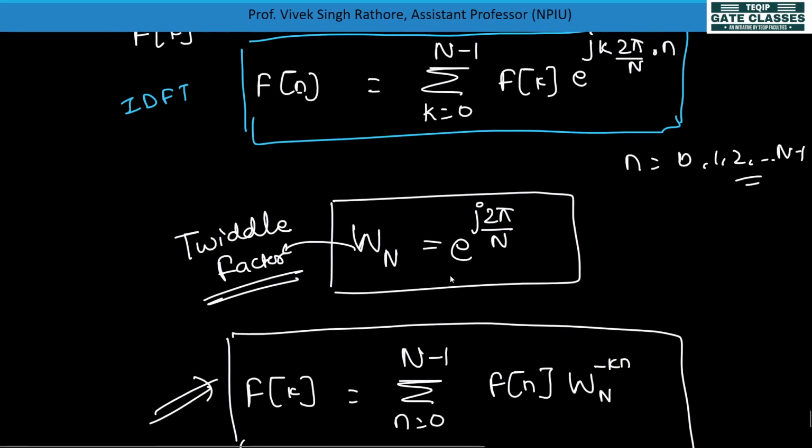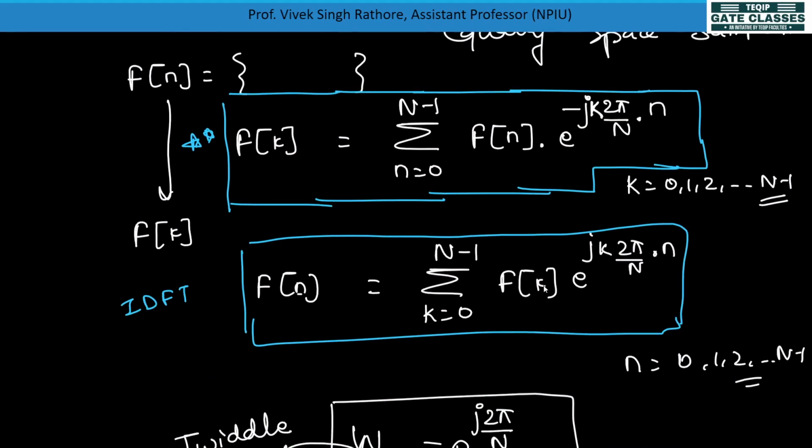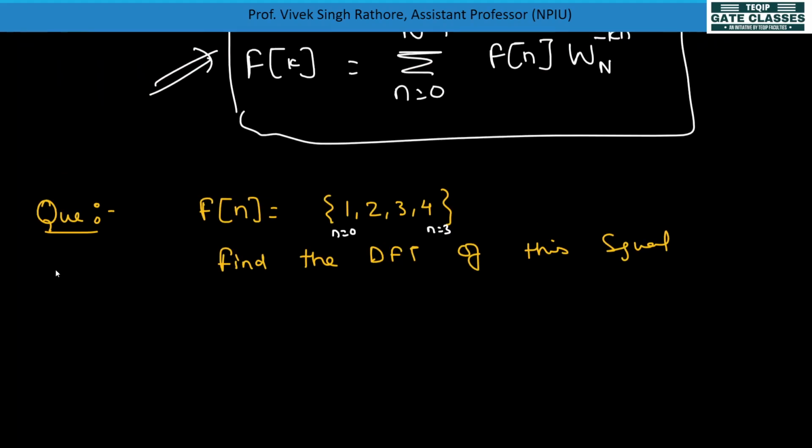So f of n is a finite sequence of equally spaced samples. Now we have to find the DFT value. The DFT will also have a sequence of the same length of equally spaced samples, with this formula. So we'll try with this formula. Find the DFT of this signal.